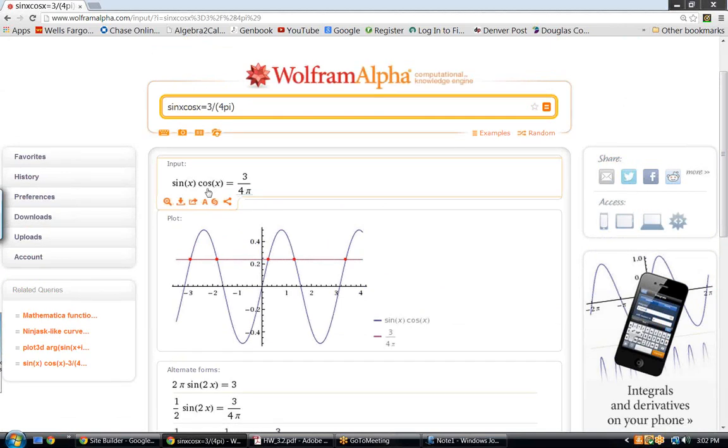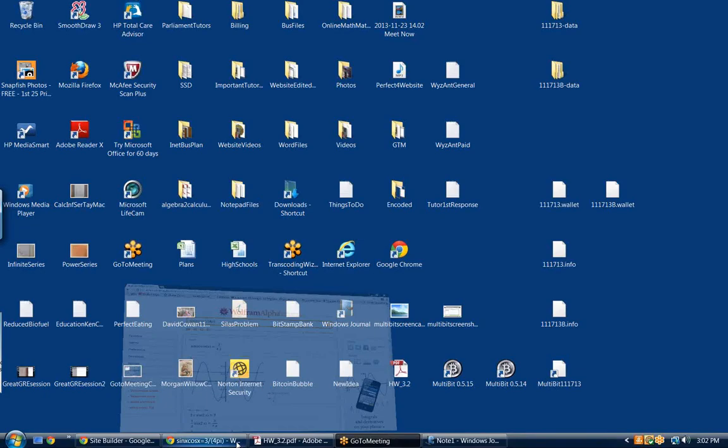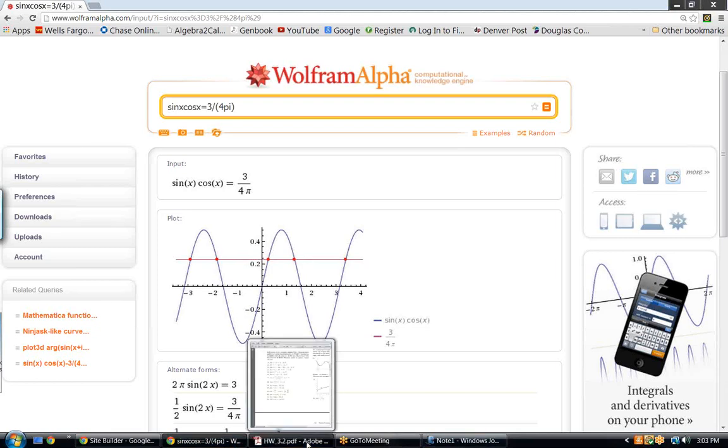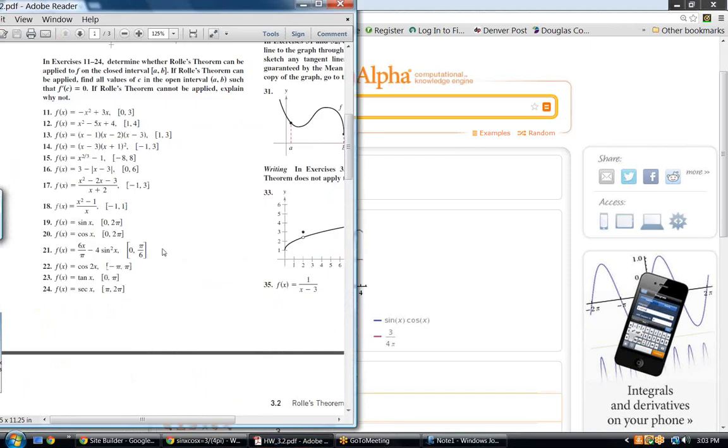We could perhaps do something by letting cosine equal the square root of 1 minus sine squared and work with it like that, perhaps. I don't know. But as long as you're allowed to use a calculator in these problems, the easiest way to solve this is clearly using a calculator.